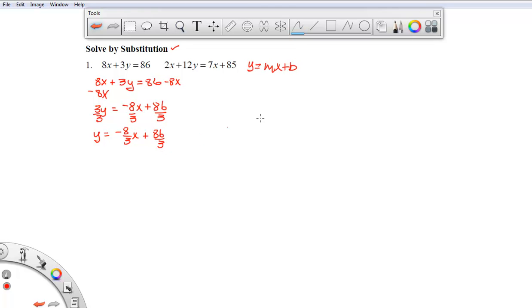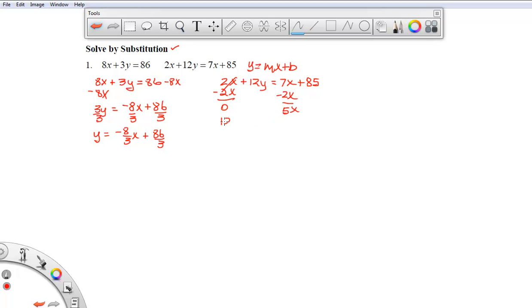Okay. Now let's go ahead and do our second equation, and that is 2x plus 12y equals 7x plus 85. So let's not take any shortcuts when you take your quiz. Let's rewrite these equations out, and let's do every step so you make sure that you get your signs right. So 2x minus 2x is 0x. 7x minus 2x is a positive 5x.